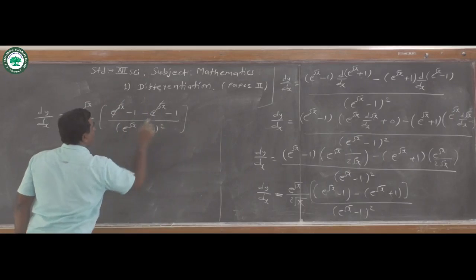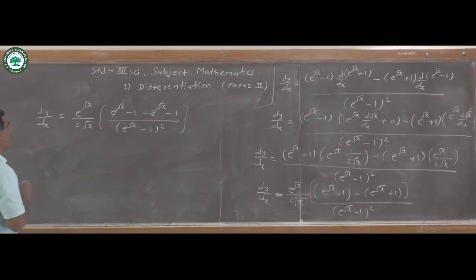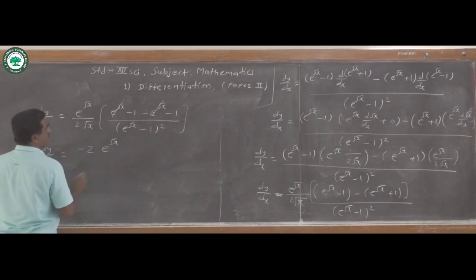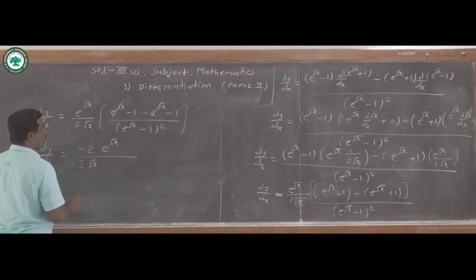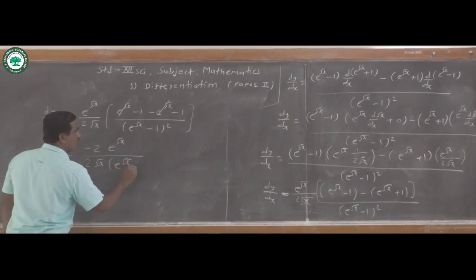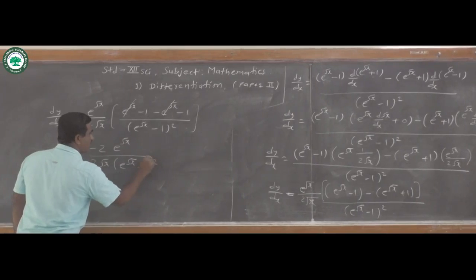Minus 1 plus minus 1 is minus 2, that is dy by dx is equal to minus 2 into e raised to root x upon 2 into root x into, in bracket, e raised to under root x minus 1 bracket square.